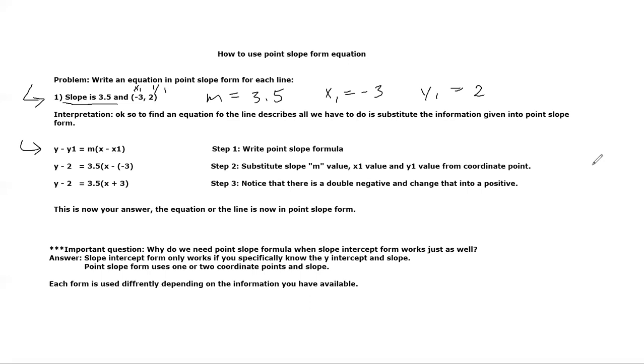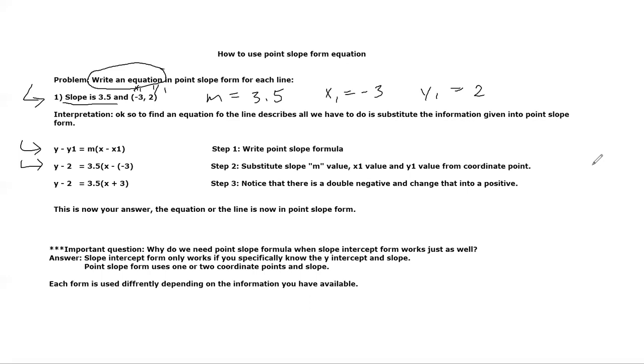There is a distinction, you cannot confuse those. Do not put -3 and 2 where the y and the x are, because our goal for now is we're just writing an equation. We're actually not solving anything. If the problem is just, hey, can you write an equation and make sure it's in point slope form, all you're doing is trying to come up with an equation that's in this form.